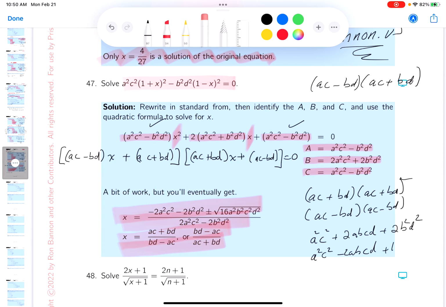I just made a mistake. I just noticed that 2's in my brain. That's not 2. That's B squared D squared. Sorry about that. And this one's going to be B squared D squared. These cancel off, and what do you get? 2A squared C squared and 2B squared D squared. And that's certainly the middle.